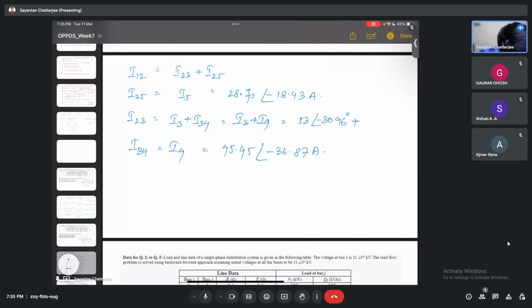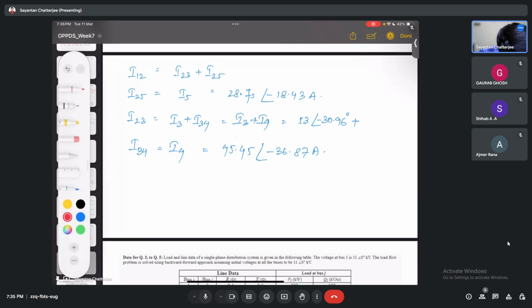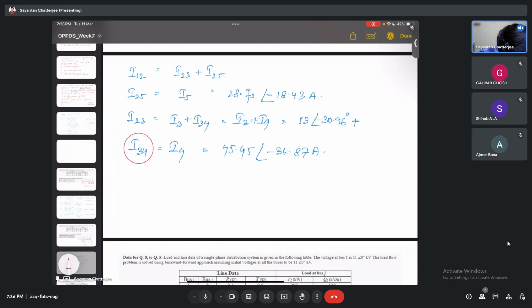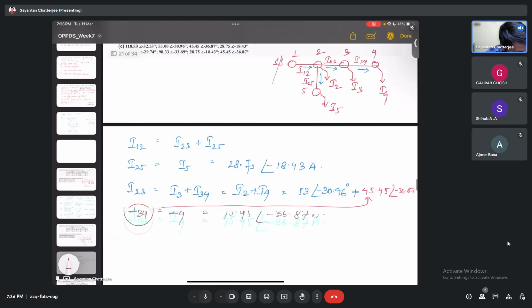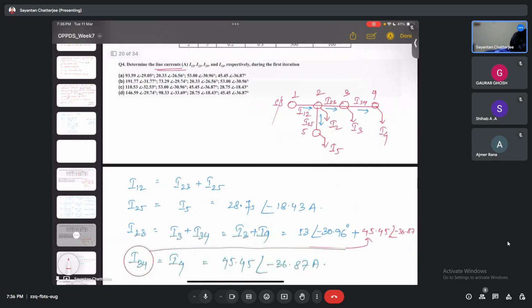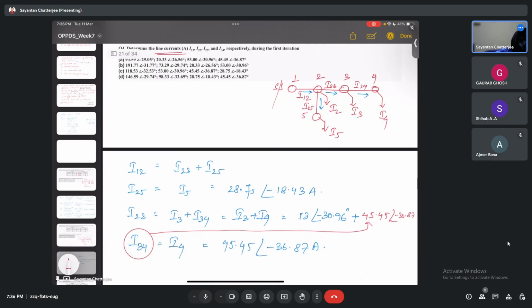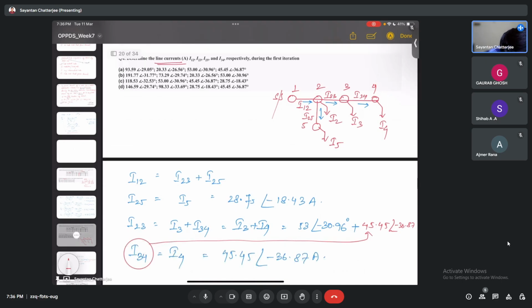We just need to substitute this value here, so it will be 45.45 angle minus 36.87. If we calculate these two, we can match the answers from here itself. So the last one is I34.